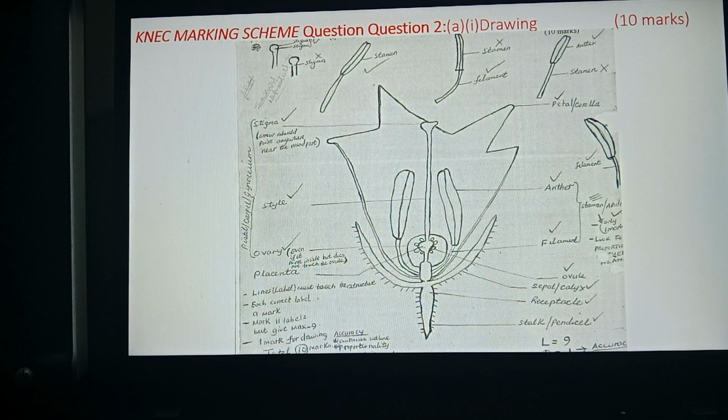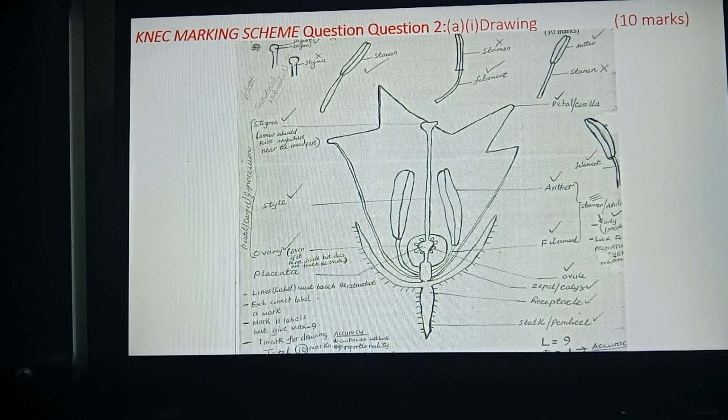So for the council marking scheme, that is what you are expected to draw. And you can see very well the shape of the stigma. Arrow should point anywhere near the round part, the label, a mark. Then you mark the petal or corolla. All right.